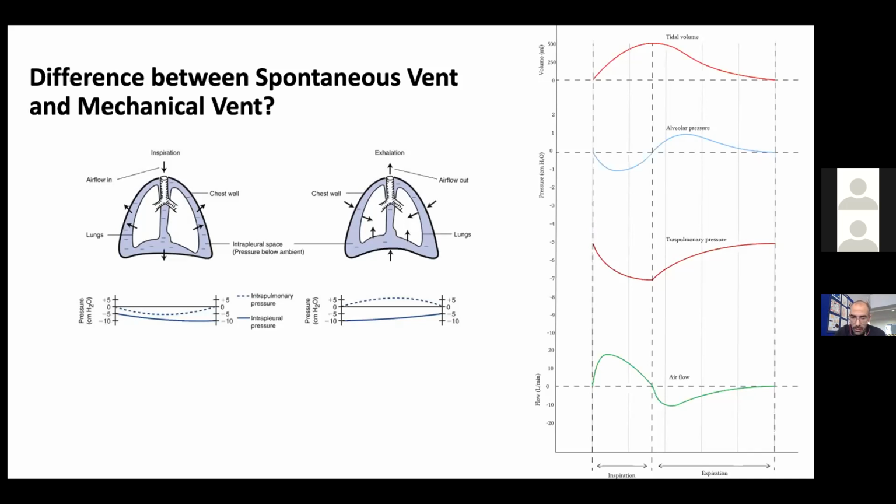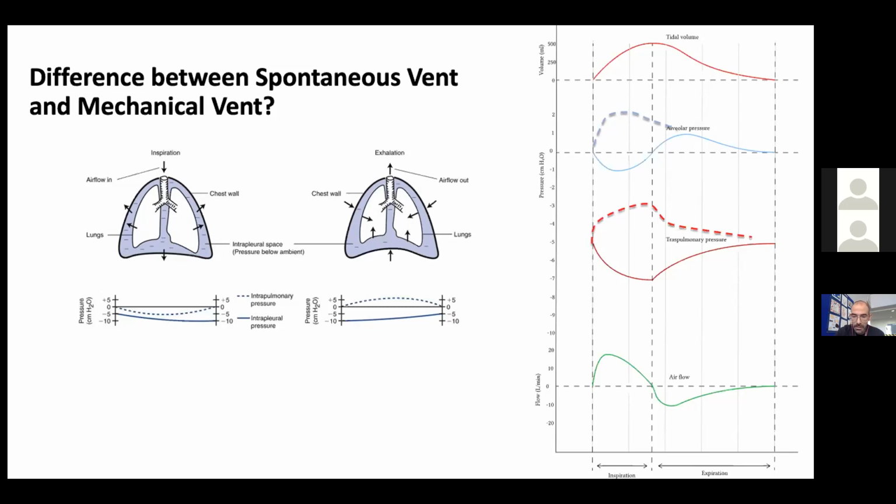And when we are doing a positive pressure breath, instead of applying negative pressure, we are applying positive pressure to the alveoli. By doing so, the pleural pressure will become positive, but the alveolar pressure and the chest wall pressure will again be high.